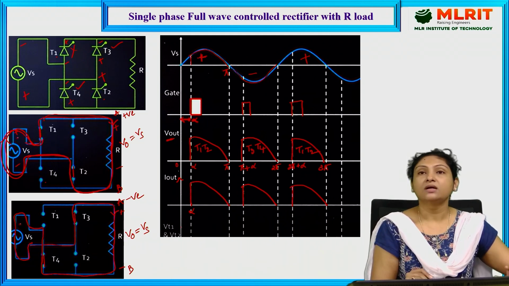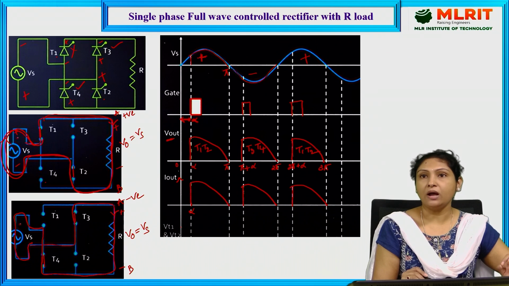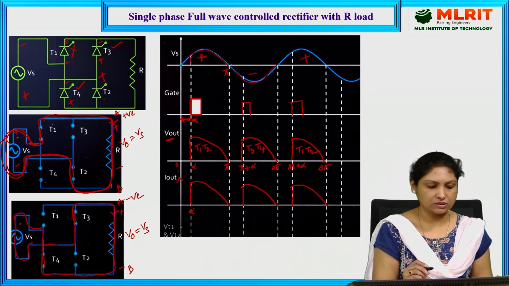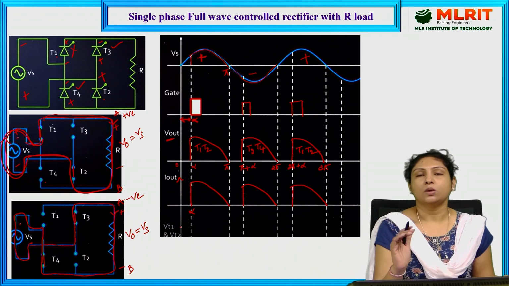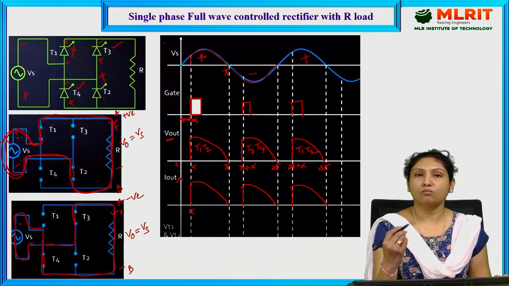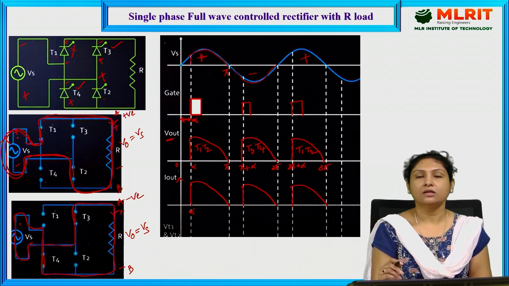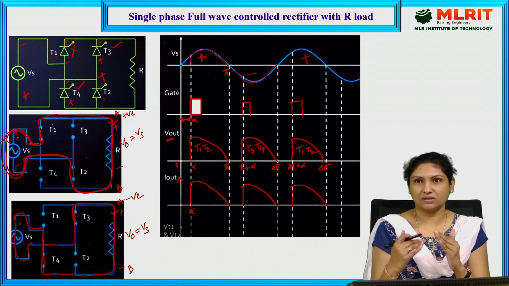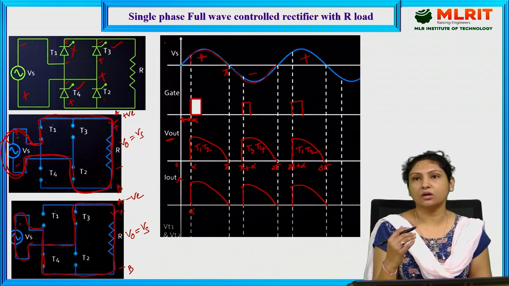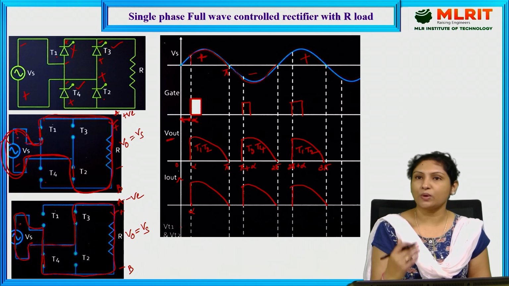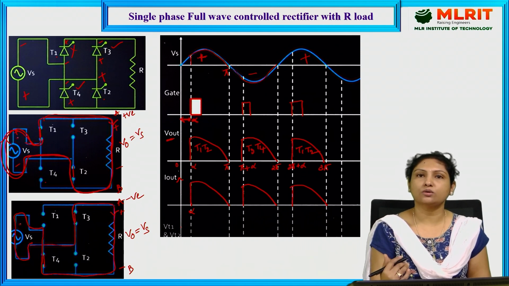How about the voltage across thyristor 1 as well as thyristor 2? The voltage across a thyristor will be more when the thyristor is in the off condition, and during the on condition of the thyristor, the voltage which appears across it will be almost zero. It will be almost equal to the on-state voltage drop of the device, which is very small, almost zero.